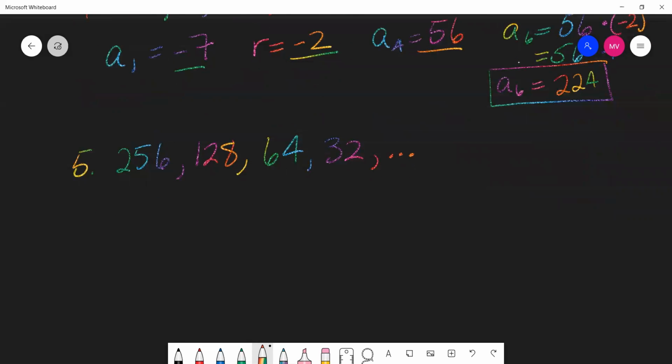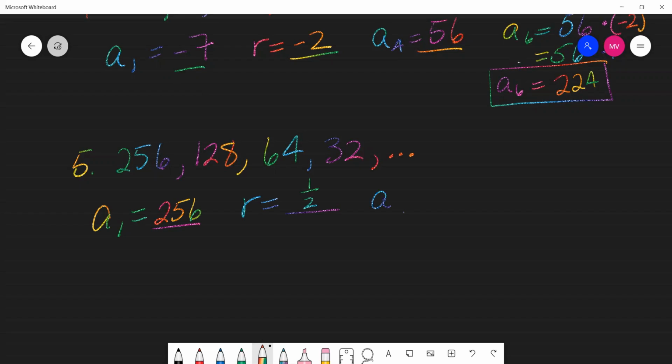All right, so what should you instantly recognize about your ratio here? It's going to be a fraction. We are dividing. So what's A1? 256. What's the term at the first position? And then the ratio is 1/2, which gets easier to see when you get to that 64 and 32. But yeah, so it's 1/2.